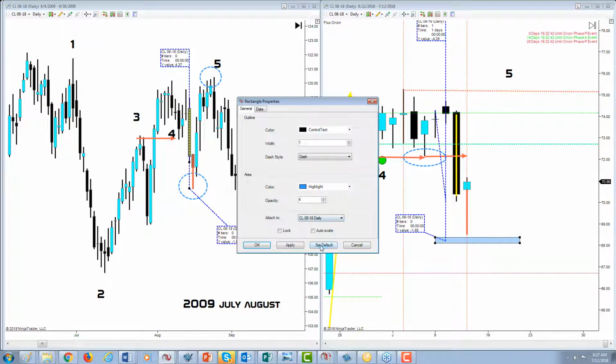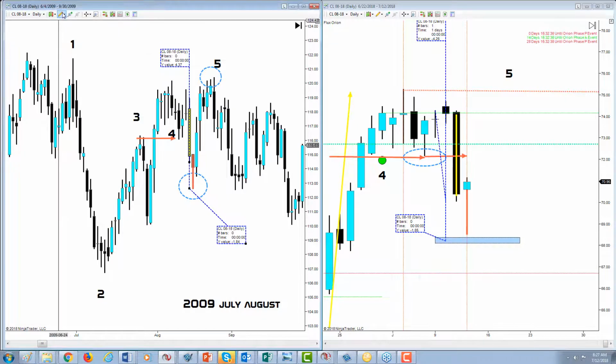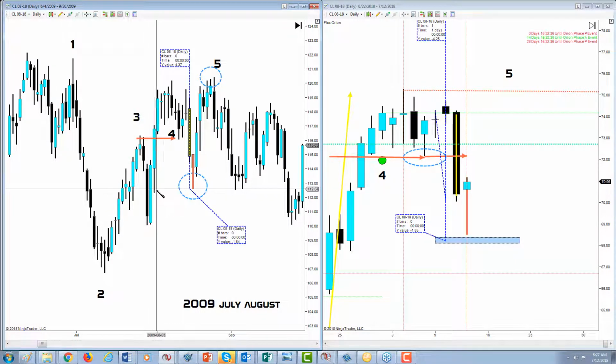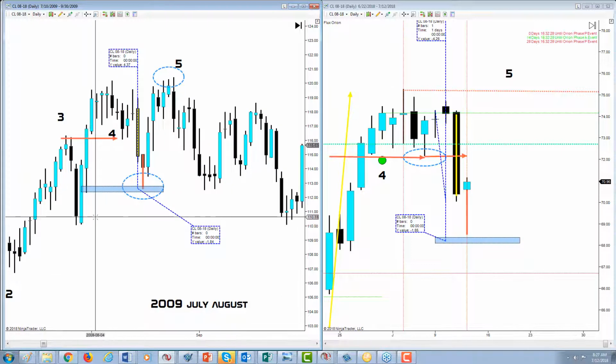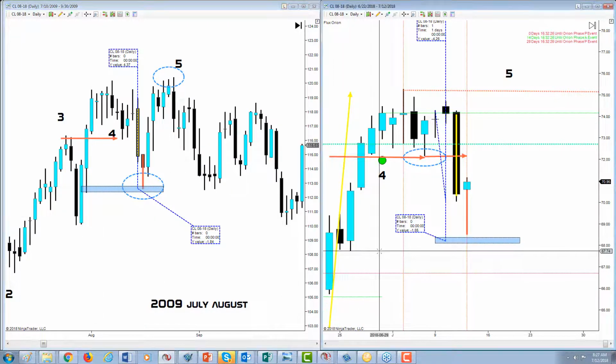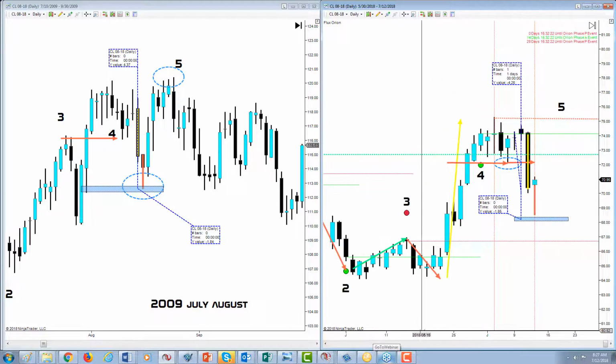So that's the first thing we can do. And we'll draw that same zone over at the 2009 pattern. Alright, once we have that first layer, now we can start to dig in a little deeper.